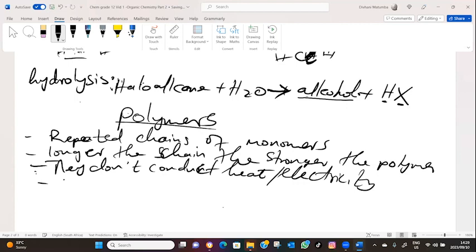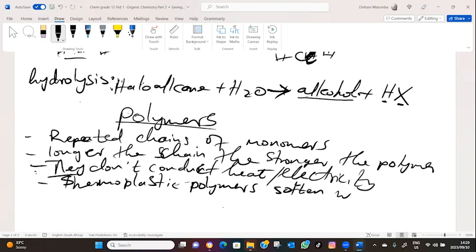The other property, thermoplastic polymers soften when heated.